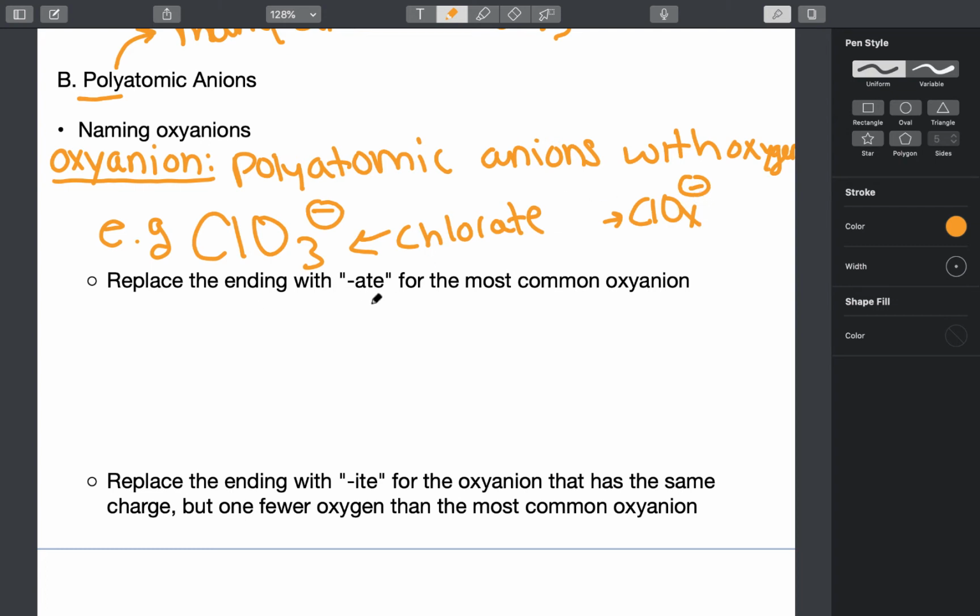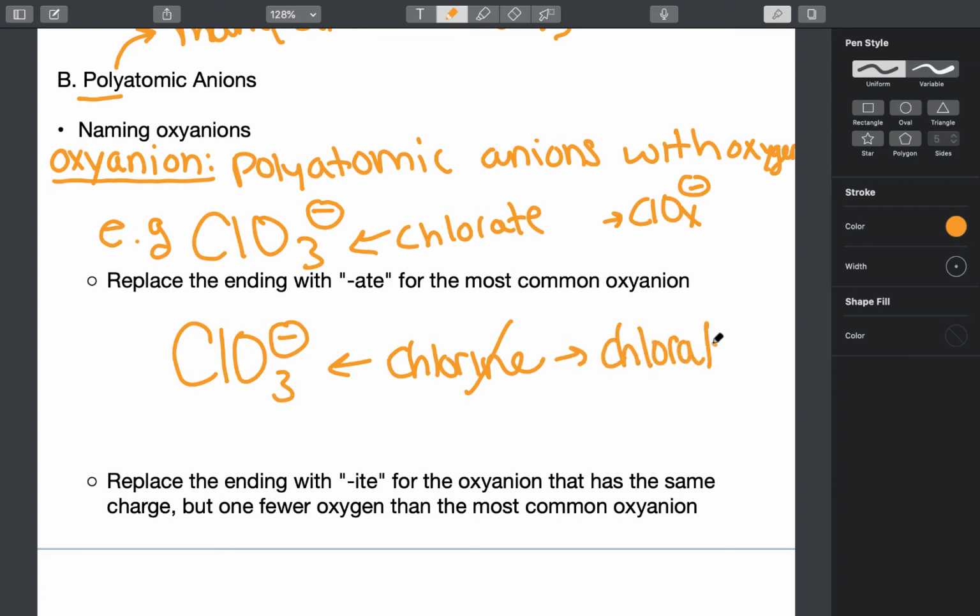The most common oxyanion is in fact this one, ClO3 minus. So in order to name the most common one, you put "ate" at the end. You can start off with chlorine, cross out the "ine," and get chlorate ion. So that is the name. And this is one that you're probably going to want to memorize because it's very common.